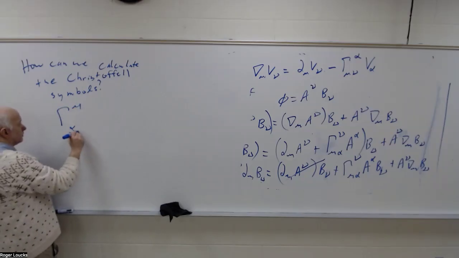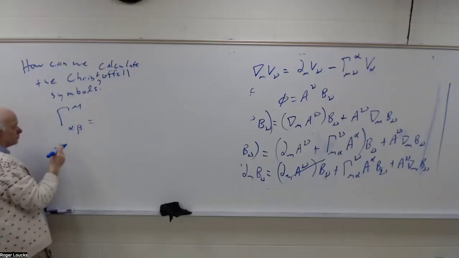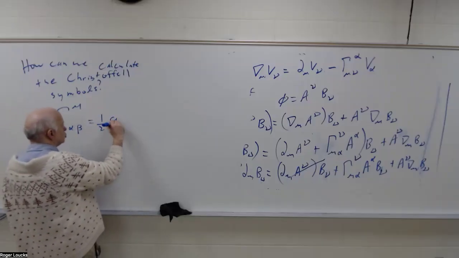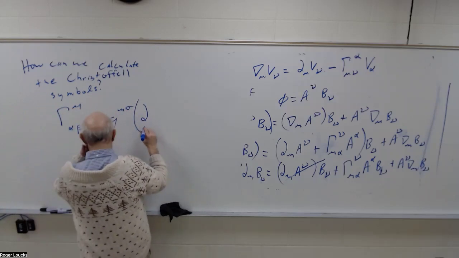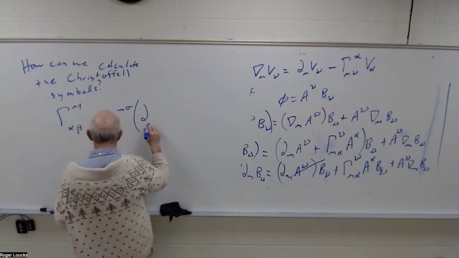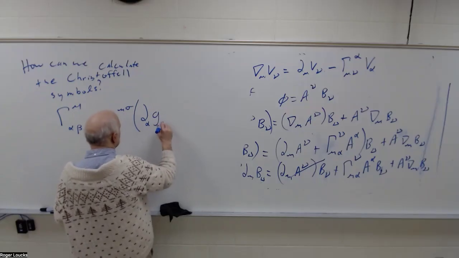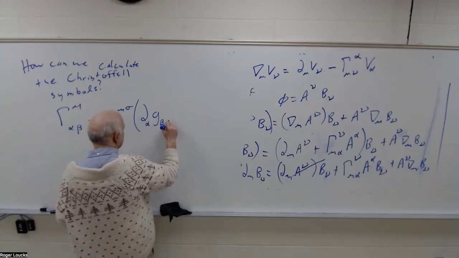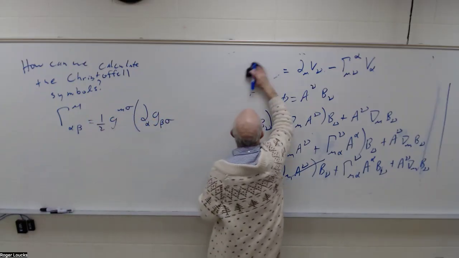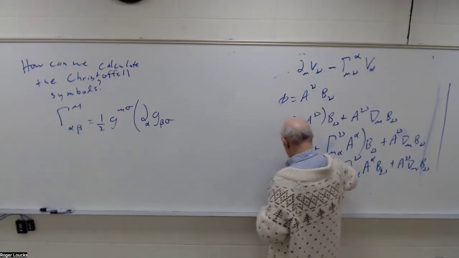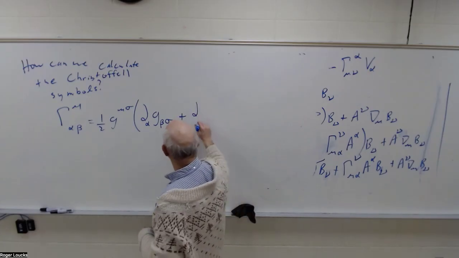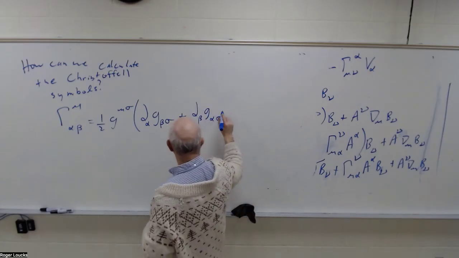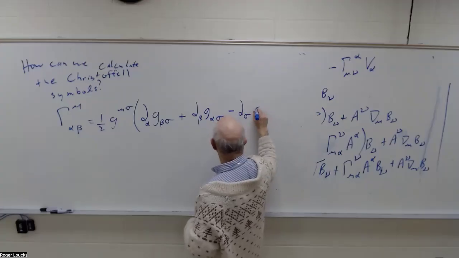If I have gamma mu alpha beta, it'll be 1/2 g mu sigma times partial alpha g beta sigma plus partial beta g alpha sigma minus partial sigma g alpha beta.